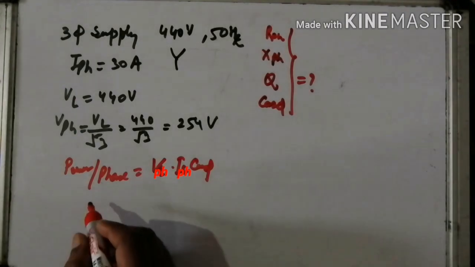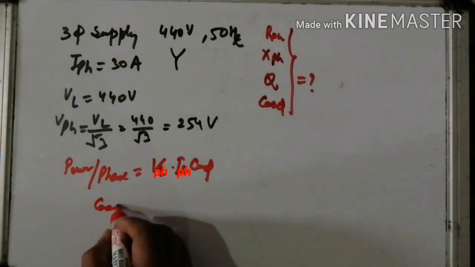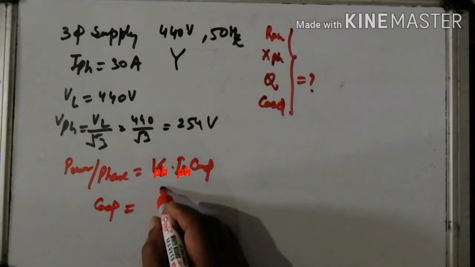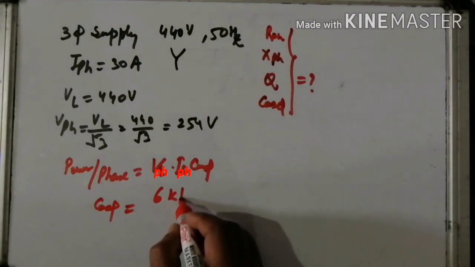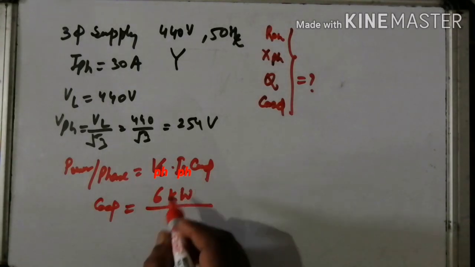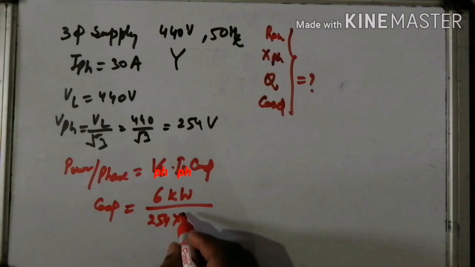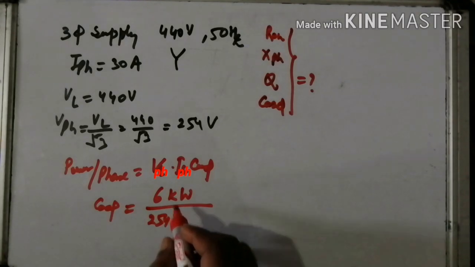So cos phi is equal to power, that is 6 kilowatt, divided by VPH, that is 254, into IPH, and IL are the same.